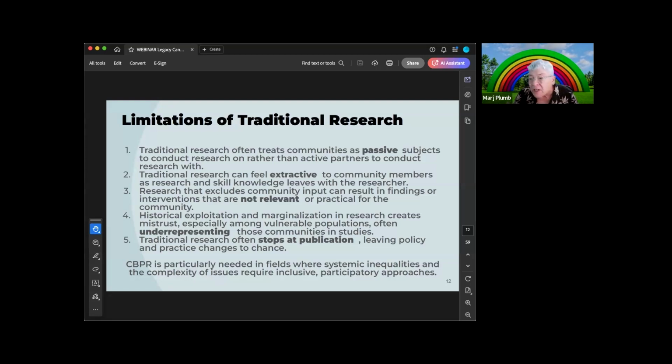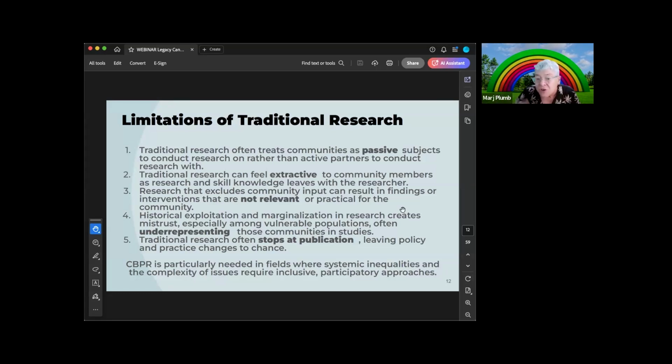Research that excludes community input can result in findings or interventions that are not relevant or practical for the community. If you don't really understand what the community is experiencing, you may not understand what the results of your survey mean.